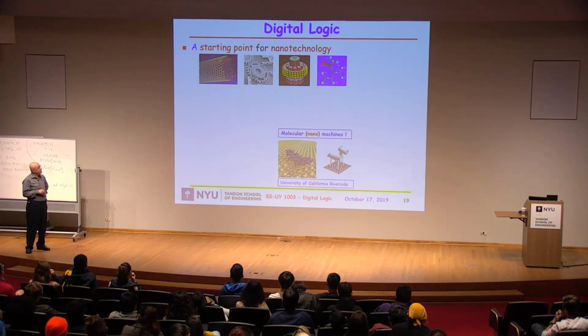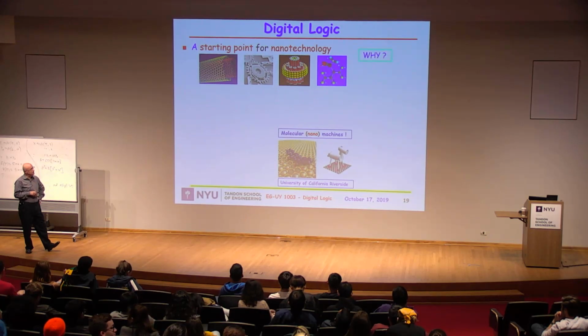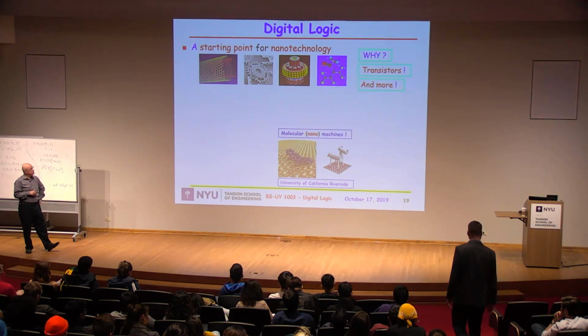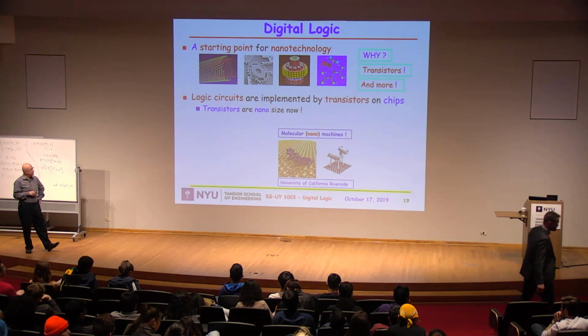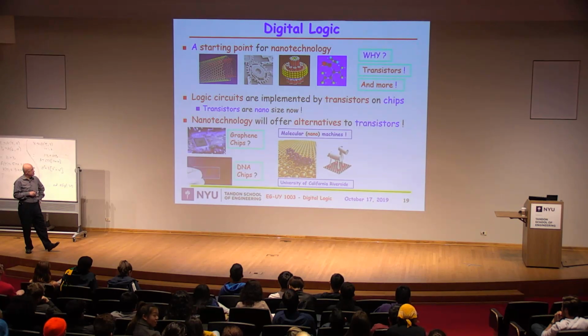Digital logic is also a starting point for nanotechnology. Remember, nanotechnology needs digital logic, right? So molecular machines and other things that you see there. Today's digital hardware uses transistors and they are nanosized. So the sky is the limit.